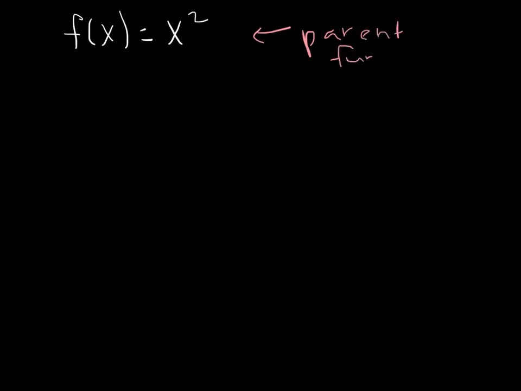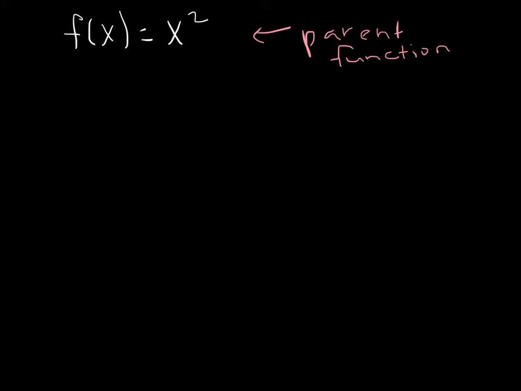So let's go ahead and take a look at the basic parent function. If we have f of x is equal to x squared, this is called the parent function. Alright, so we're going to graph this function, and it helps to make a table first.